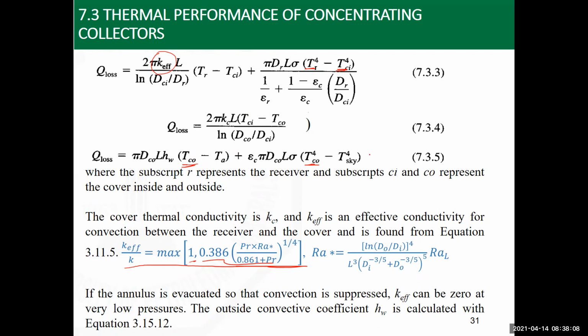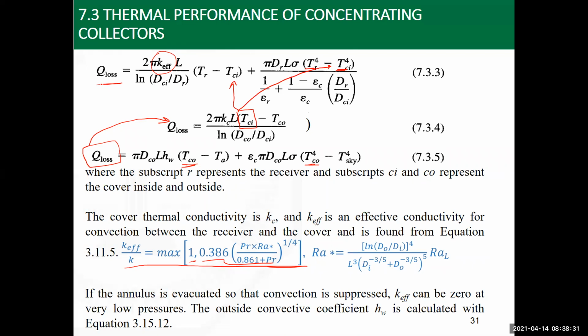From this assumption, we can calculate Q loss in this equation. Use this value of Q loss, substitute it in equation 734, and calculate the inner value of TCI. Use the inner value of TCI in equation 731 and calculate a value of Q loss.